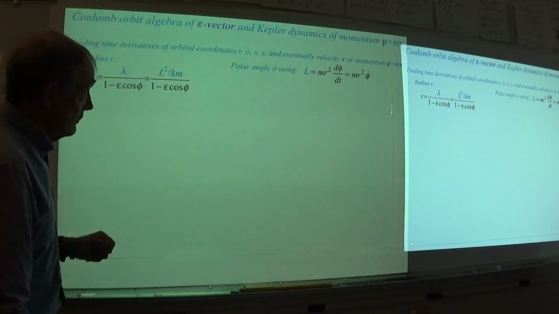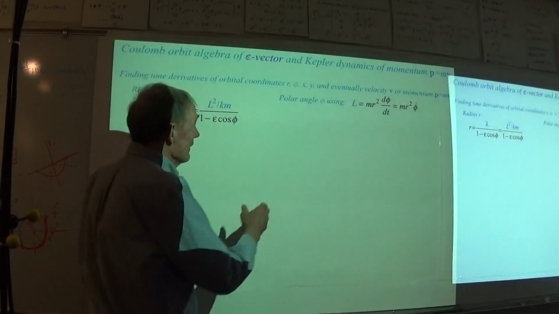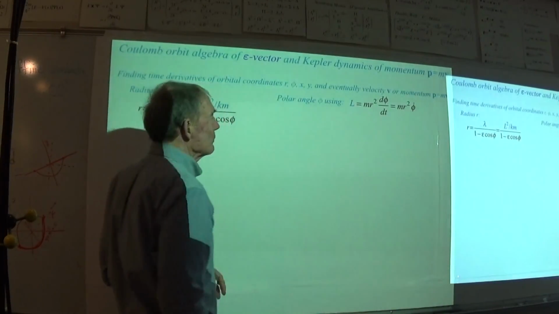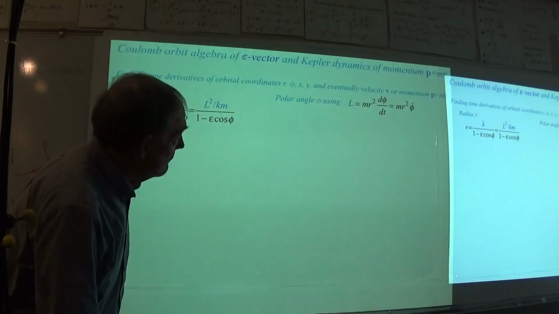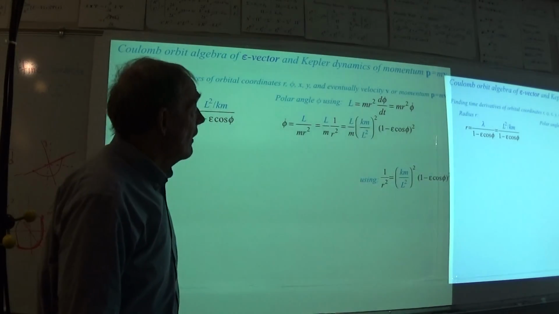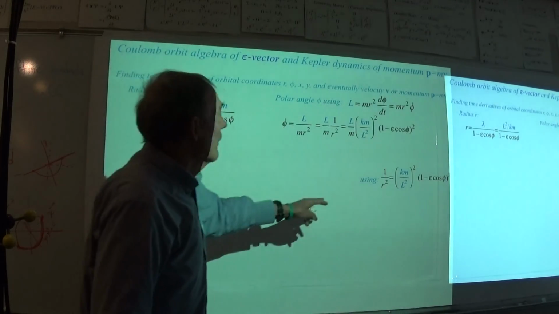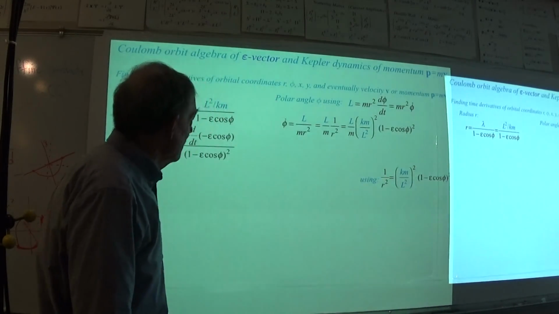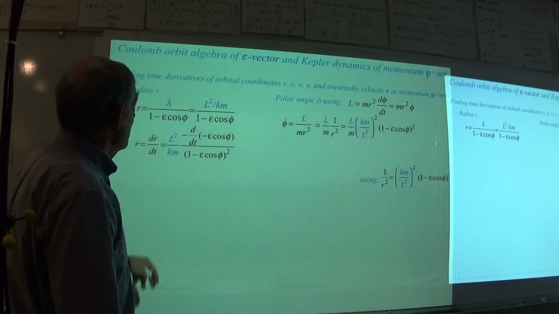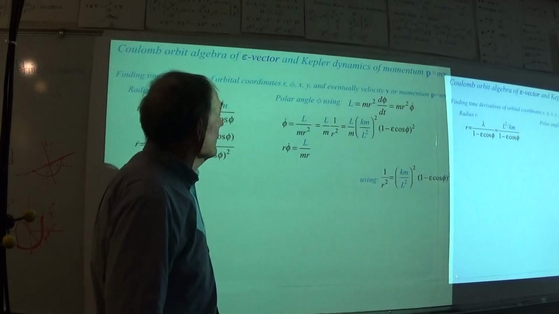Now I want to see what momentum does. I know what r does, and I've got to get an equation for the polar angle in order to know what the momentum does. So we're going to be working with phi dot and r dot using the equation of the ellipse, and that's the square of our usual radial equation right there. And then here's the derivative of it, and this is the thing that's constant.